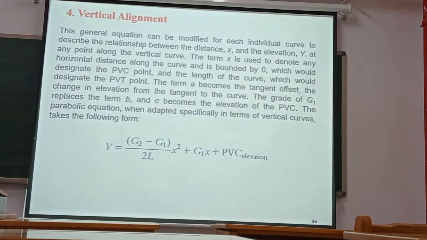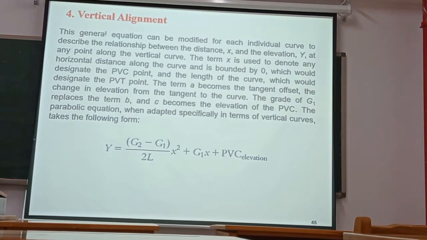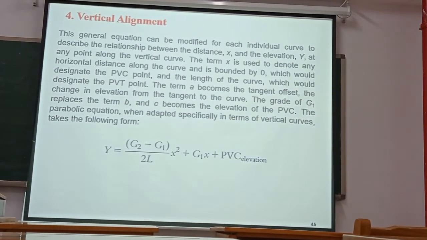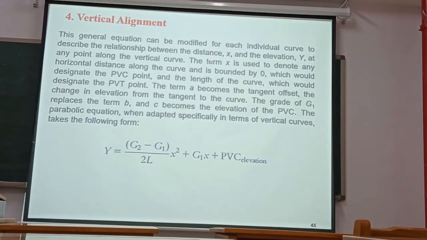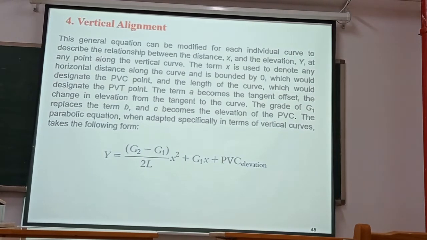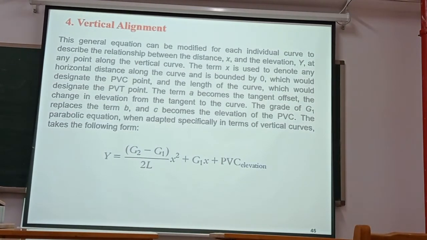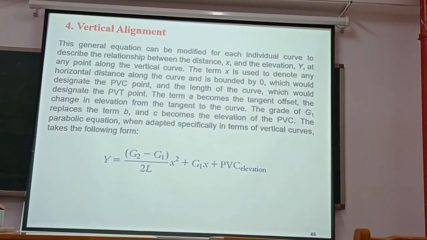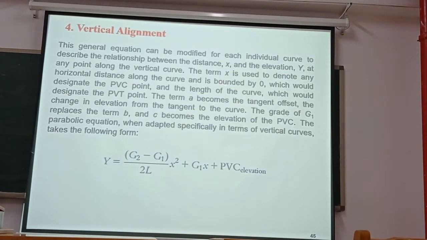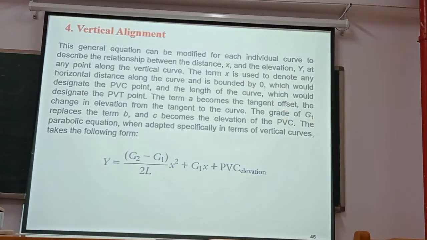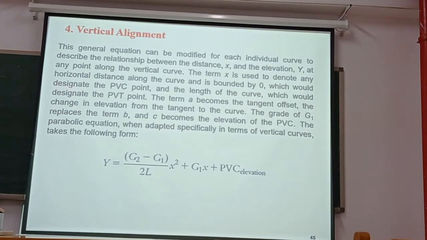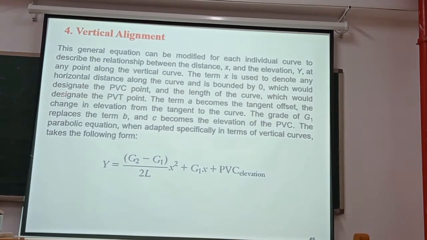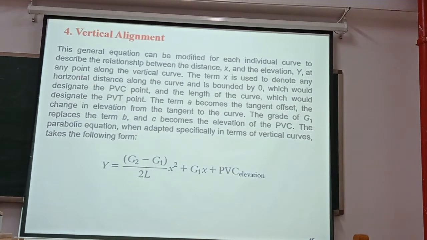So, we know that this general equation can be modified for each individual curve to describe the relationship between the distance x and the elevation y at any point along the vertical curve. The term x is used to denote any horizontal distance along the curve and is bounded by 0, which would designate the PVC point, and the length of the curve, which would designate the PVT point.